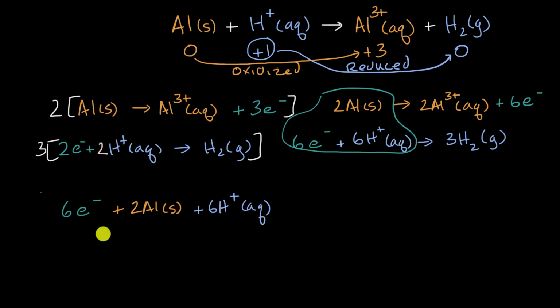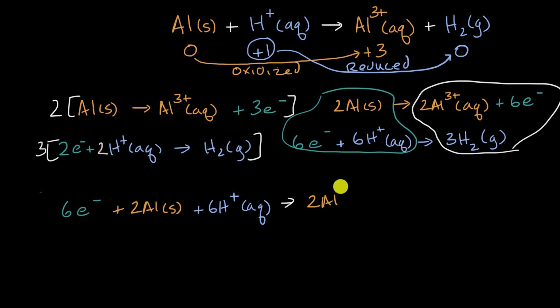And then on the right-hand side, I am going to add up all of this stuff. So I have those 2 aluminums, now with a plus 3 charge in an aqueous solution. I'm going to have the 3 hydrogen molecules, I should say. There's actually 6 hydrogens here. And then I have the 6 electrons.